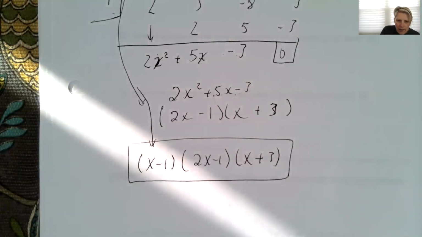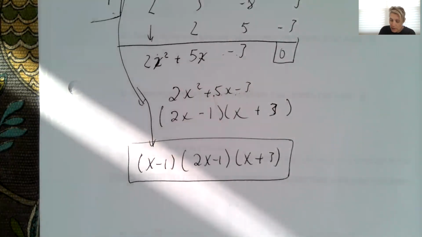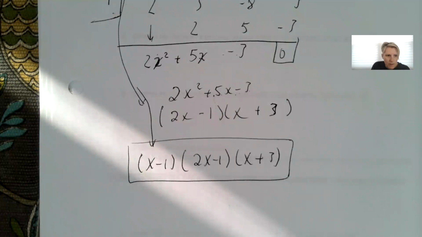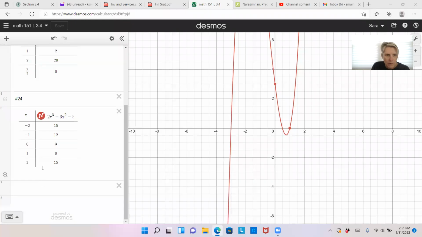Now, you can check that by typing this exact thing in and making sure that it makes the same graph as our original polynomial. That's one way to check it. So I'm going to type in our original polynomial, that's in red right here, number 24. It's already here.